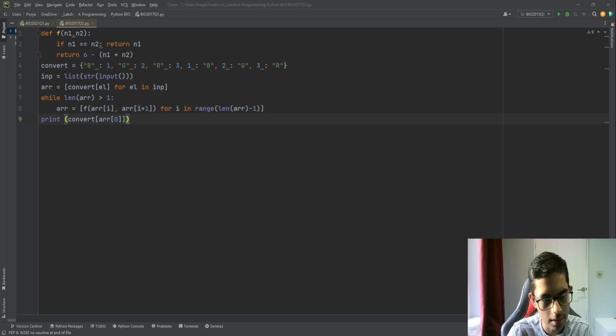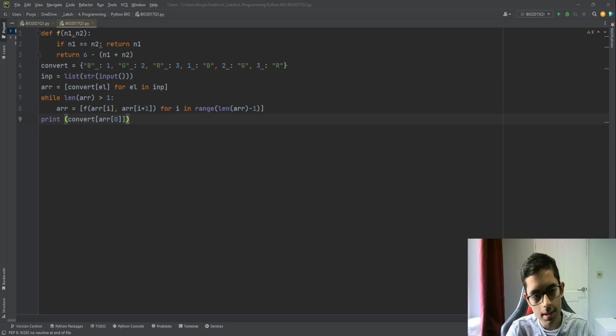Let's have a quick look at the solution now. We have this function f, and it takes in two numbers. If the two numbers are equal, it returns the number, just as the problem statement requires. If the two numbers are different, then it returns 6 minus (n1 plus n2).